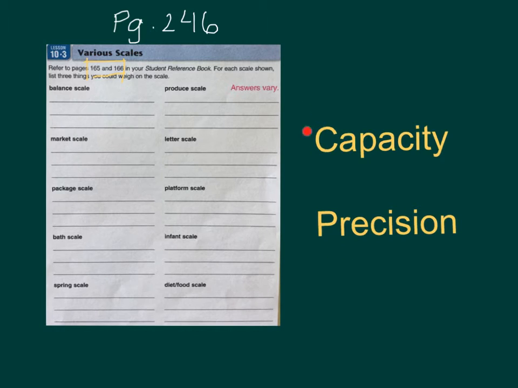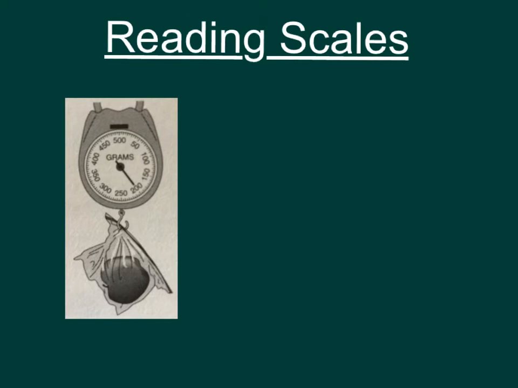Remember, you need to consider the capacity and precision of a scale when thinking about what types of objects can be measured on that scale. You will also be completing journal page 247 in your student reference book. This page requires you to take some measurements or weights off of scales. So let's practice reading scales.